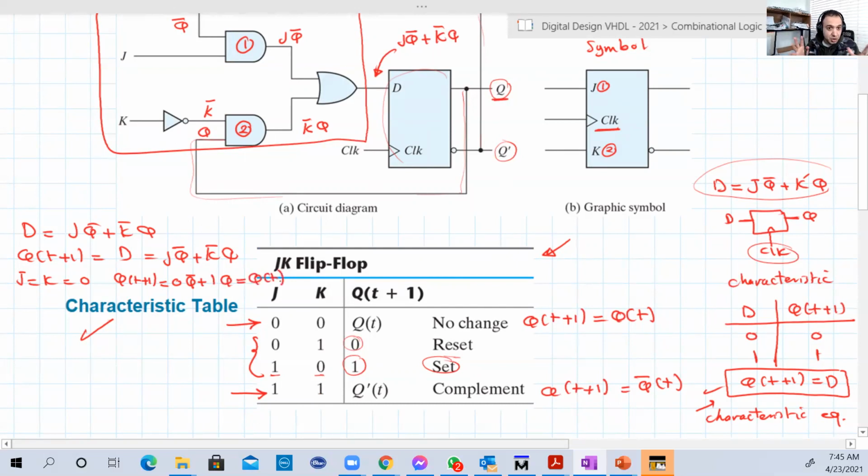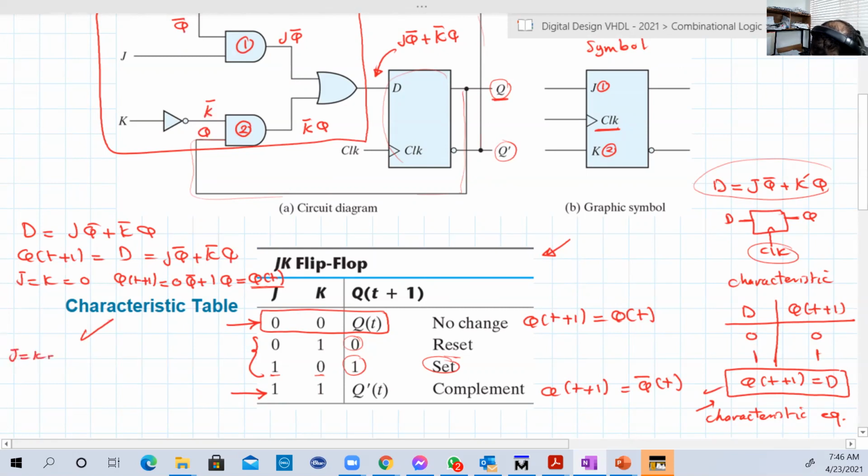When I say just Q, that means Q of T, the current Q. So that's the first case: when both are zeros, Q doesn't change. I mean, Q of T plus 1 is equal to Q. On the next clock, Q is equal to the current Q.